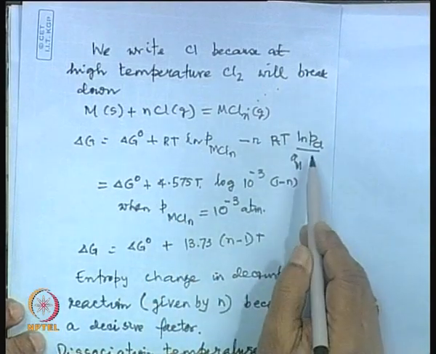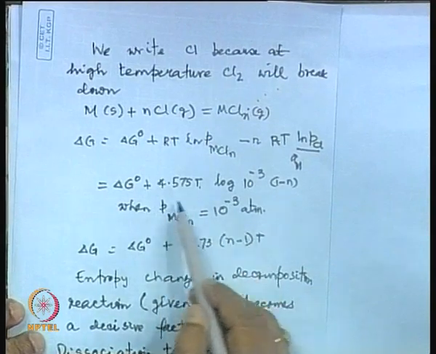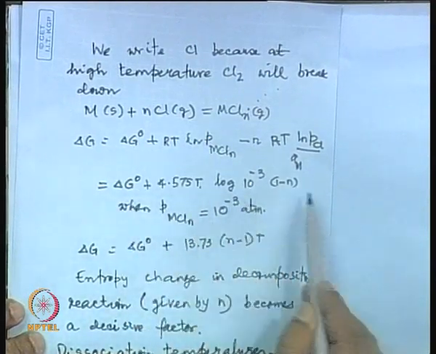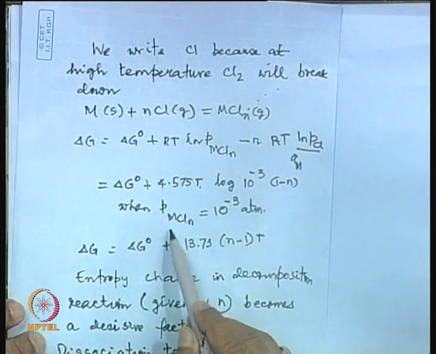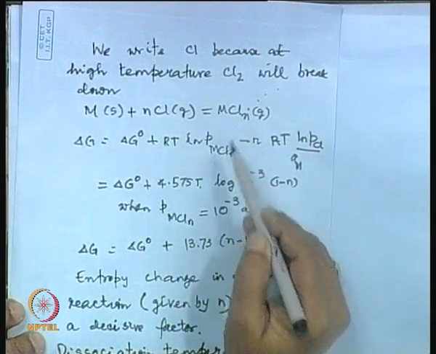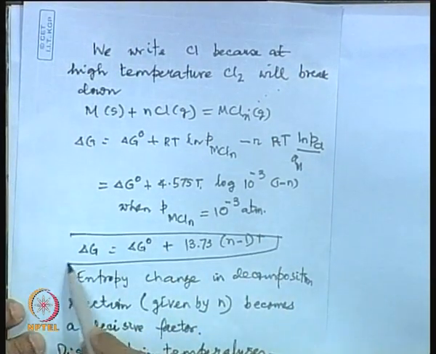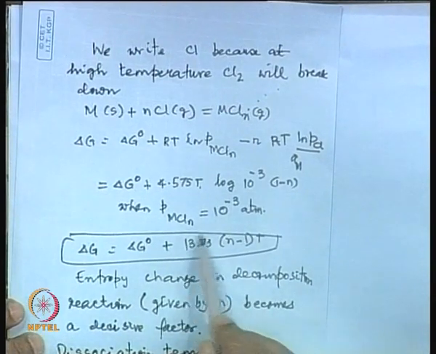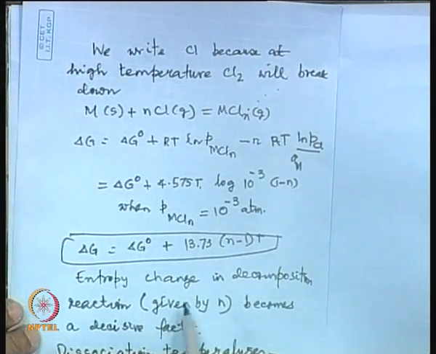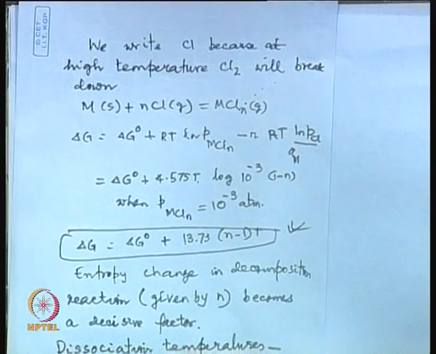If the pressure in the chamber is 10 to the power minus 3, we finally get an expression like this, and when PMClN, the intermediate gas, is also 10 to the minus 3 in the chamber, this will give the final expression. So, this gives us the slope, and the entropy change in the decomposition reaction, given by N, becomes a decisive factor, as you can see given by this reaction.